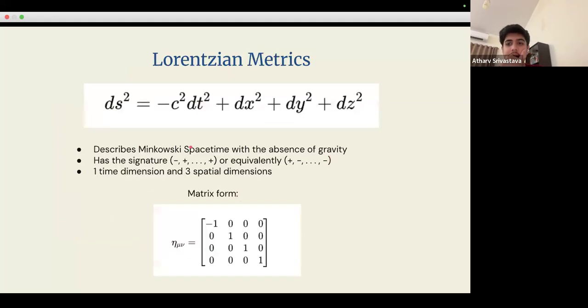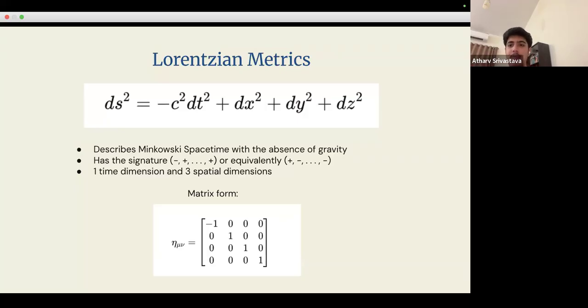Now there are Lorentzian metrics, which describe Minkowski spacetime with the absence of gravity. It has the signature of minus plus plus plus or plus minus minus minus. Basically, the time coordinates and the spatial coordinates have opposite signs, which is very consequential because it has very big implications for causality.